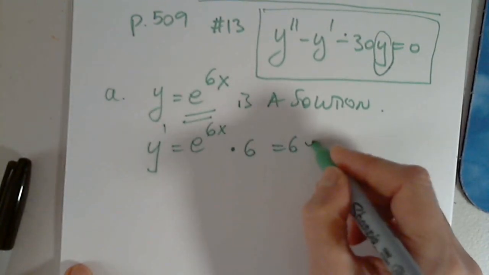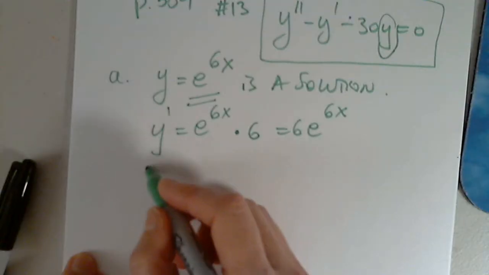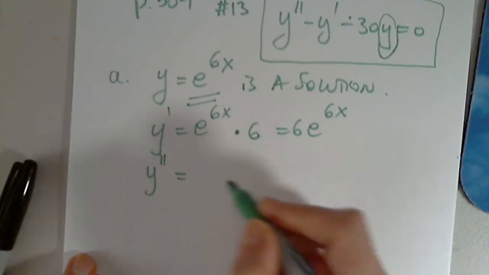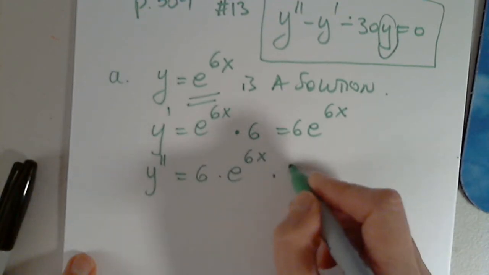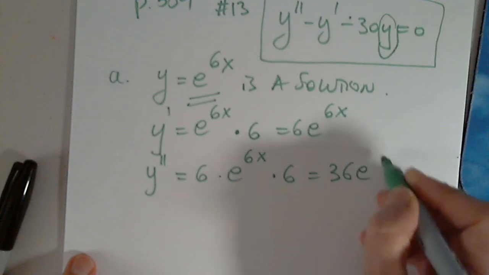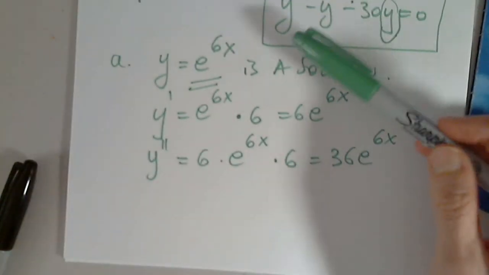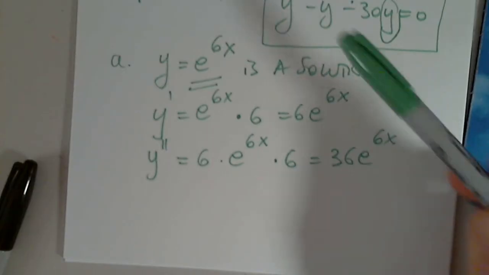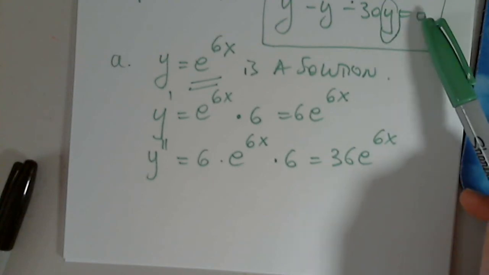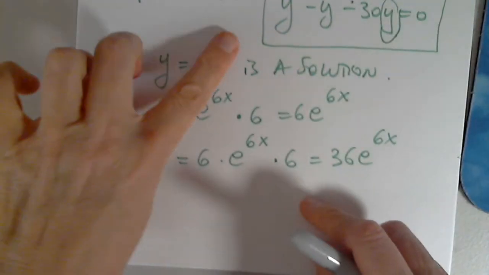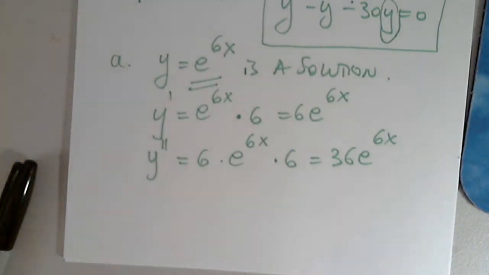So this is 6e to the 6x. Same thing for the second derivative: it's 6 times e to the 6x times the inner function prime. So this is 36e to the 6x. Now I will plug in everything. I will replace the second derivative by this, the first derivative by this, negative 30 times the function, and see if I get 0. If I get 0, then I will say, yes, indeed, this is a solution of that equation.